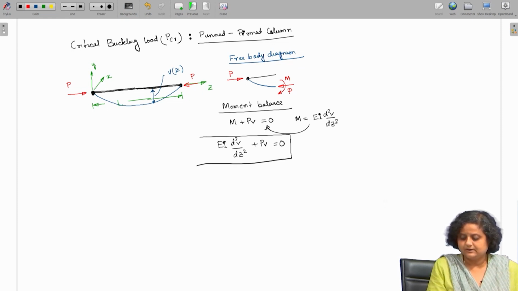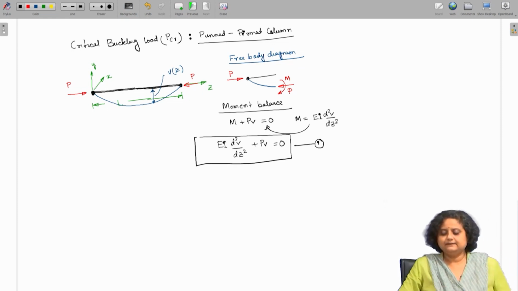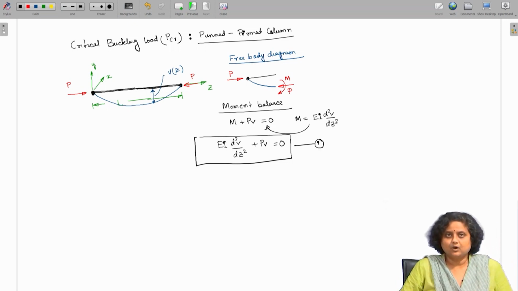So, let me call it equation 1, and this equation is the governing equation of the pin column under axial compressive load P, undergoing a possible deformation V. In the next lecture, we will be trying to solve this equation. Thank you.